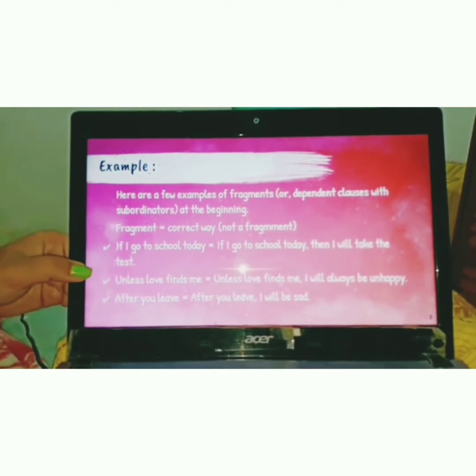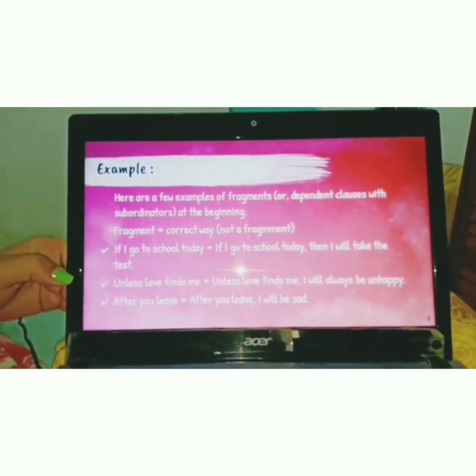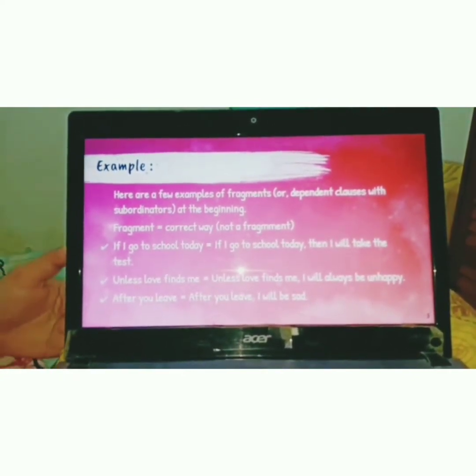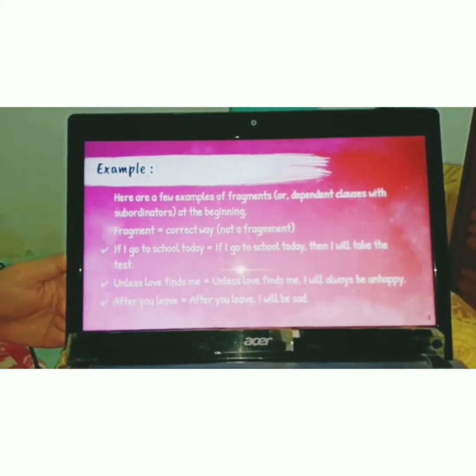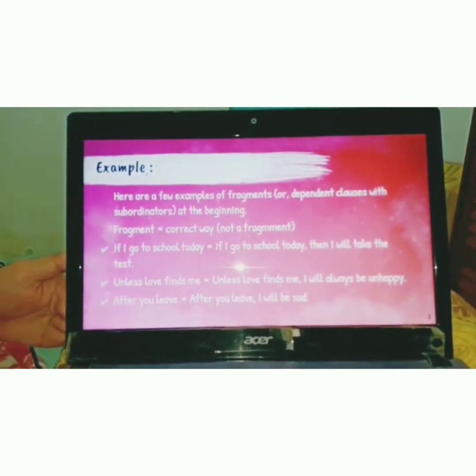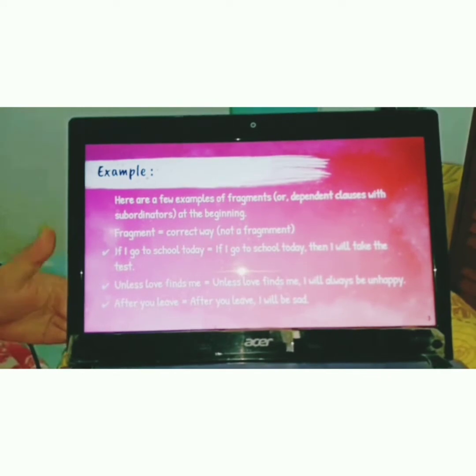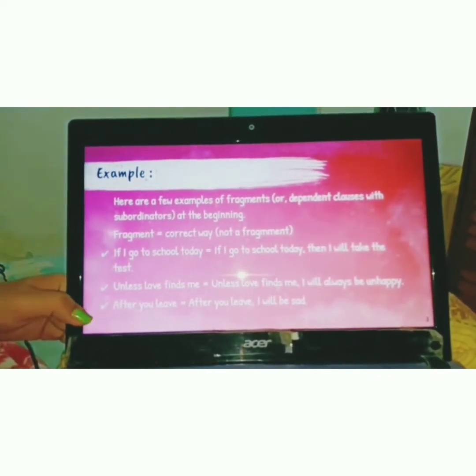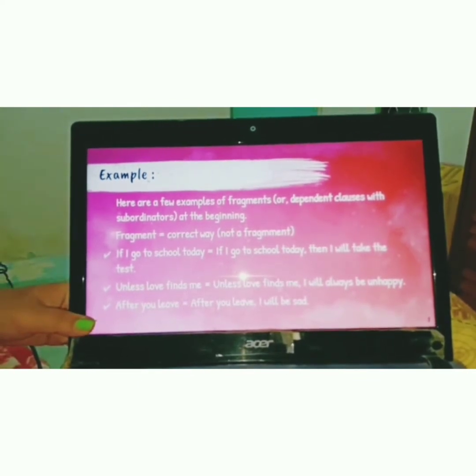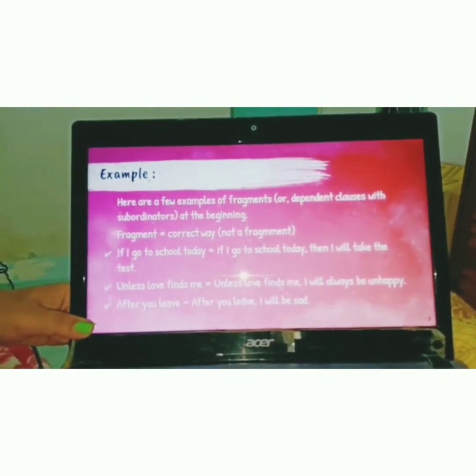The second one, "unless love finds me." The correct way is "Unless love finds me, I will always be unhappy." The third one, "after you leave." The correct way is "After you leave, I will be sad."